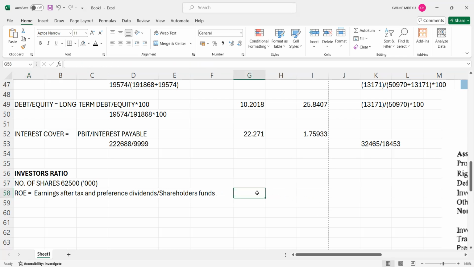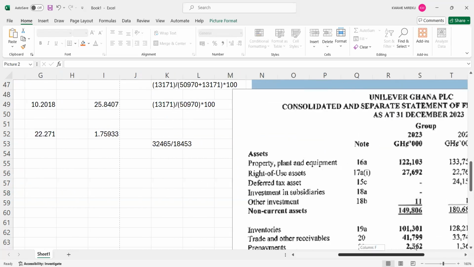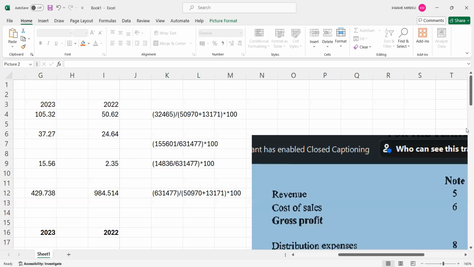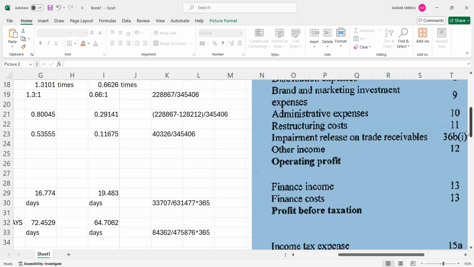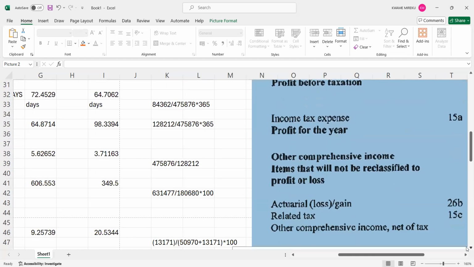Okay. So what's the earnings after tax and preference? Normally, that would be the net profit less ordinary share dividends. I don't think they have preference shareholders because it's not in their shareholding. So that will be the final net profit that we use for the net profit margin. That will be the profit for the year.